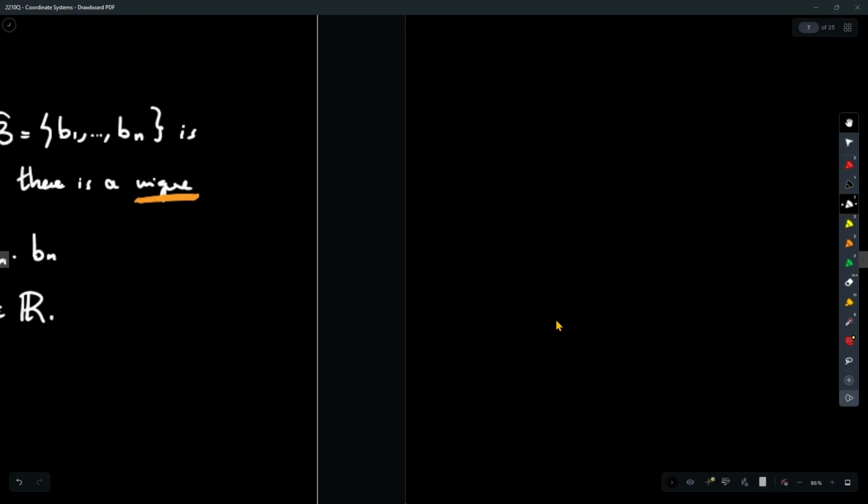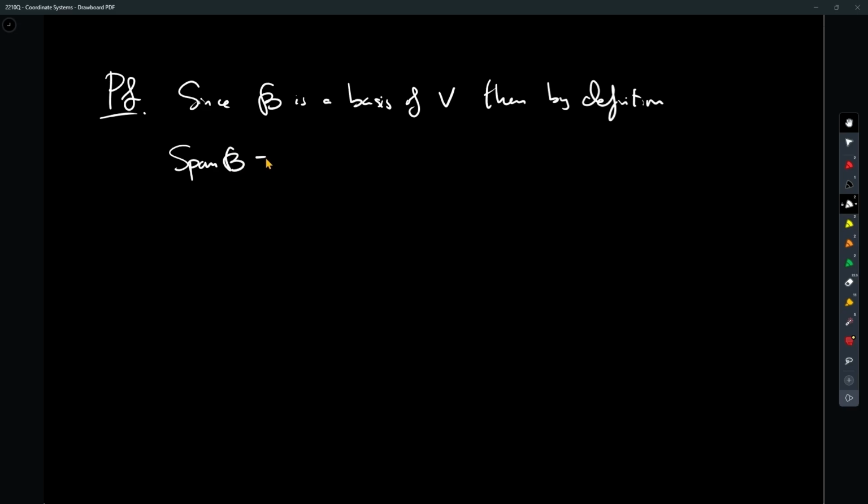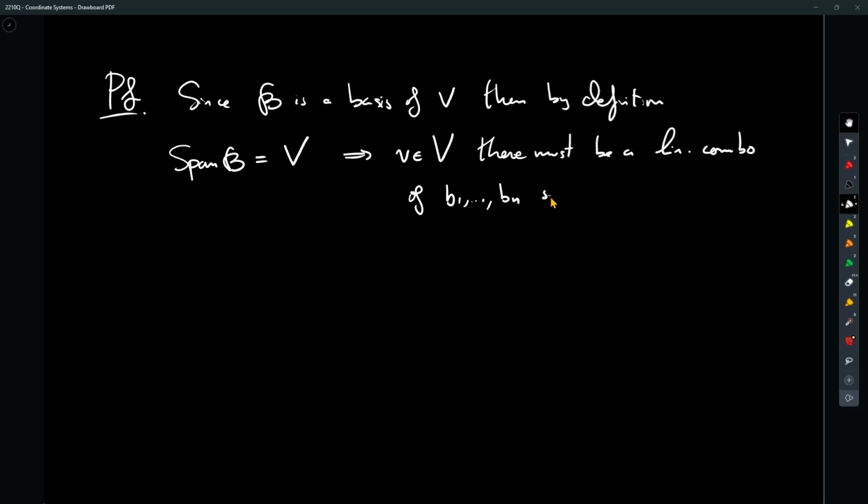Why is that true? Well, the proof: first of all, since B is a basis of V, then by definition of basis, we know that the span of B is all of V, and in particular, since v is in V, there must be a linear combination of the vectors of the basis B1 through Bn such that that is equal to v.